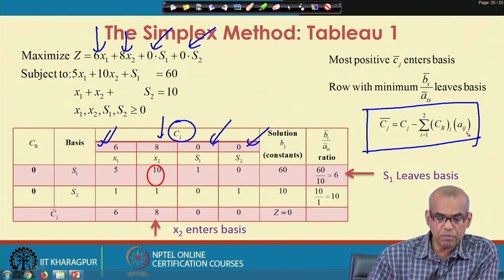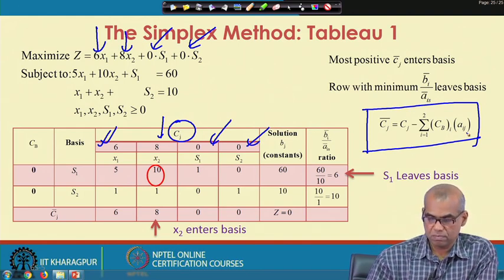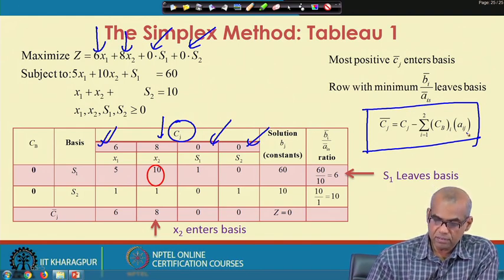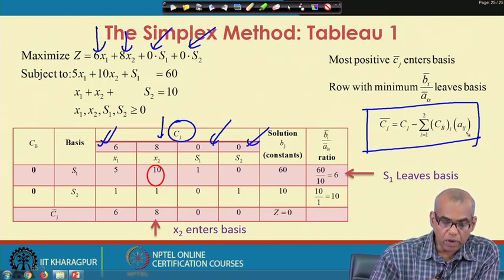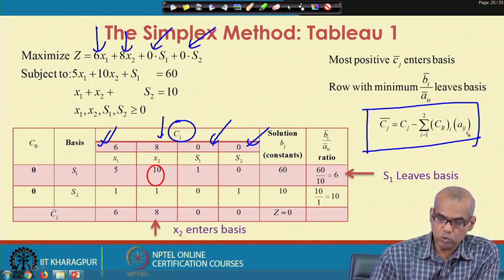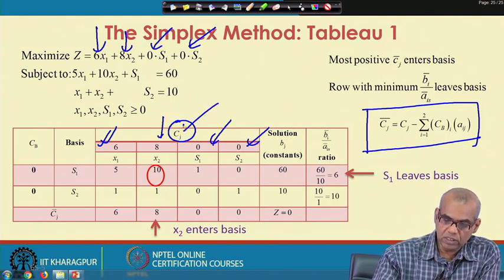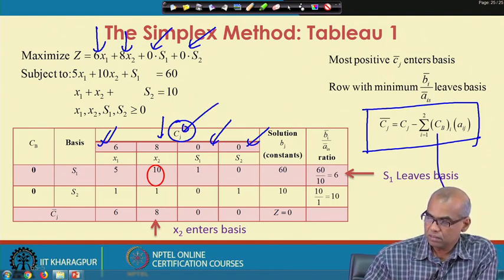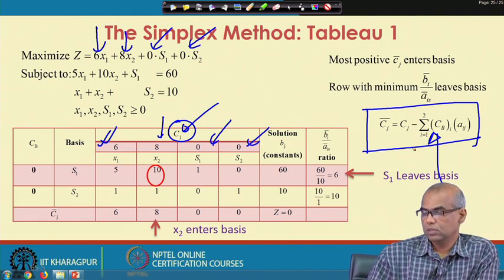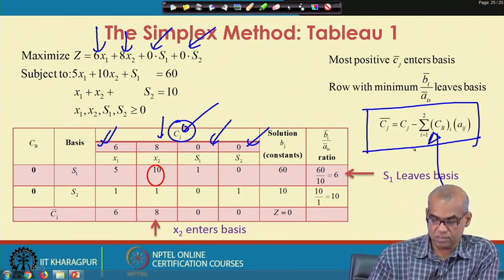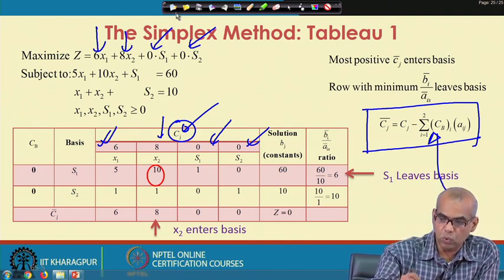For the initial basic feasible solution, I have S1 and S2 as basis, and for S1 and S2 the Cj terms are 0. So, the cost coefficient for the basis S1 and S2 are both 0.